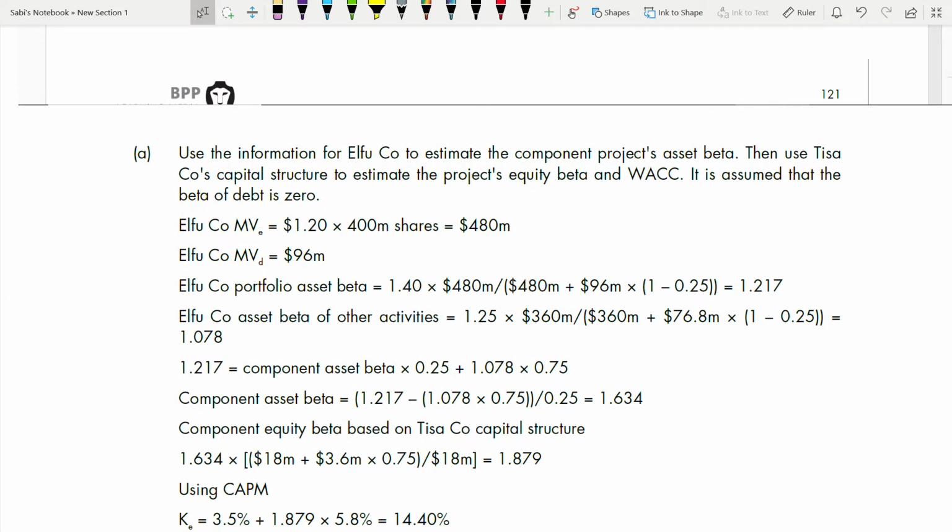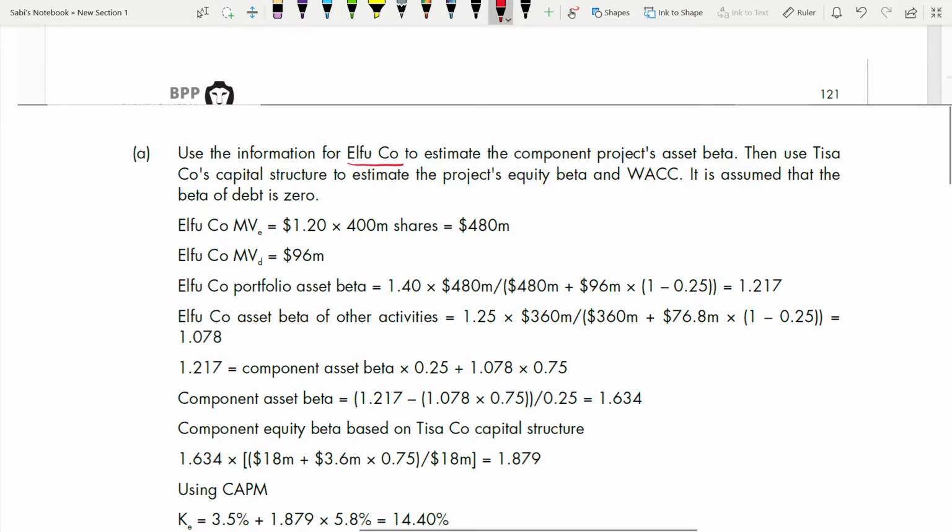That is your first step. Whenever you have to find a cost of capital in this kind of question where you need to use another company, the first thing is you need to use the similar company's equity beta. First step is to estimate the component project's asset beta.